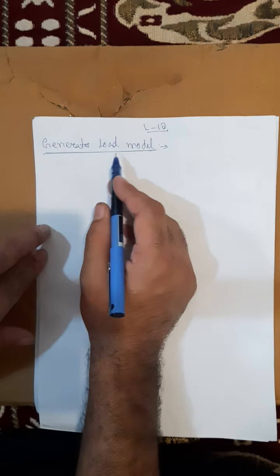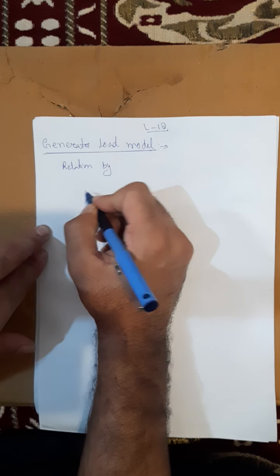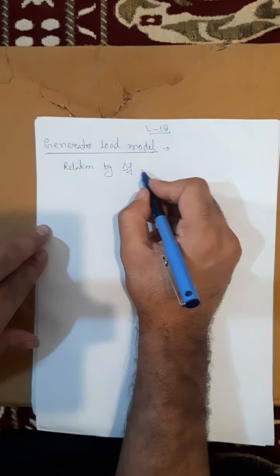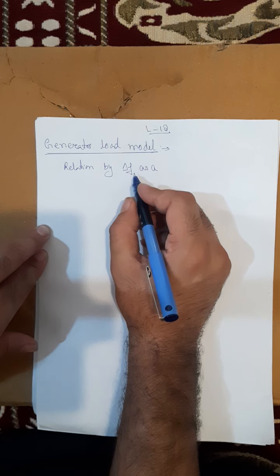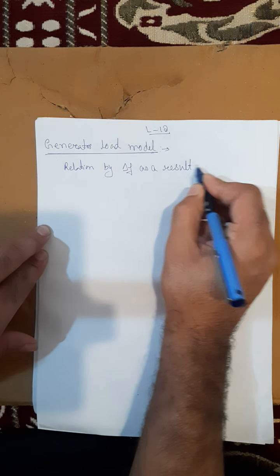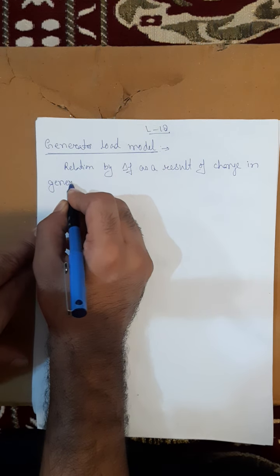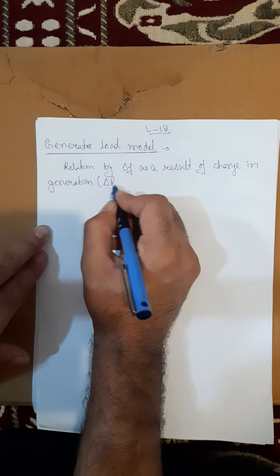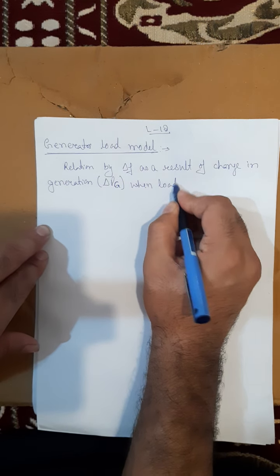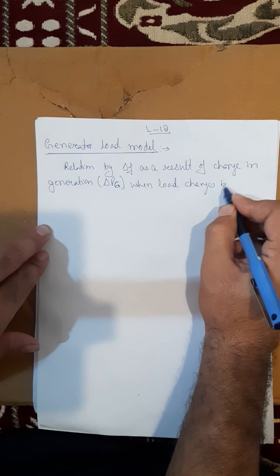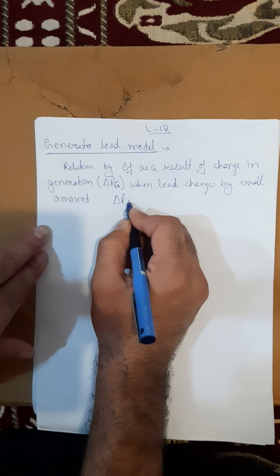So I'm saying this generator load model gives a relation between the change in frequency del f, as a result of change in generation, delta Pg, and when the load changes by a small amount, suppose delta Pd.